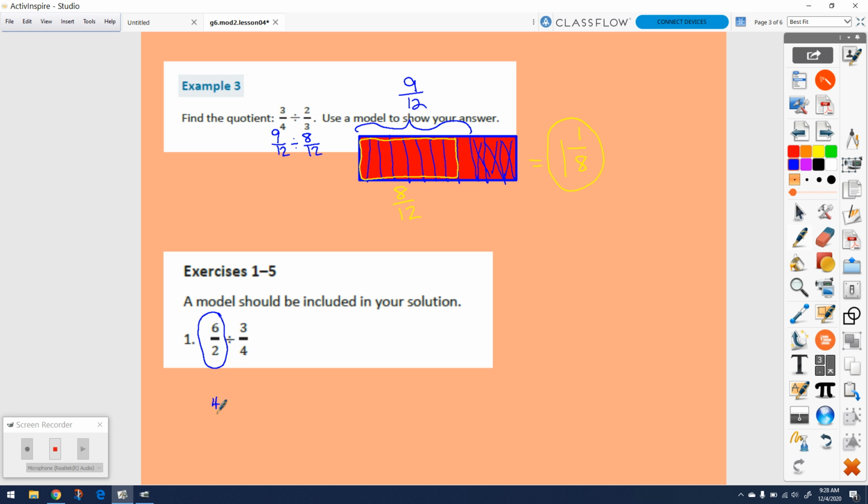So I'm going to use a 4, because I know that they can both go into 4 also. 2 goes into 4 2 times, so 2 times 6 is 12. So really I have 12/4 divided by 3/4. Denominators are the same. Let's go ahead and draw our shapes.